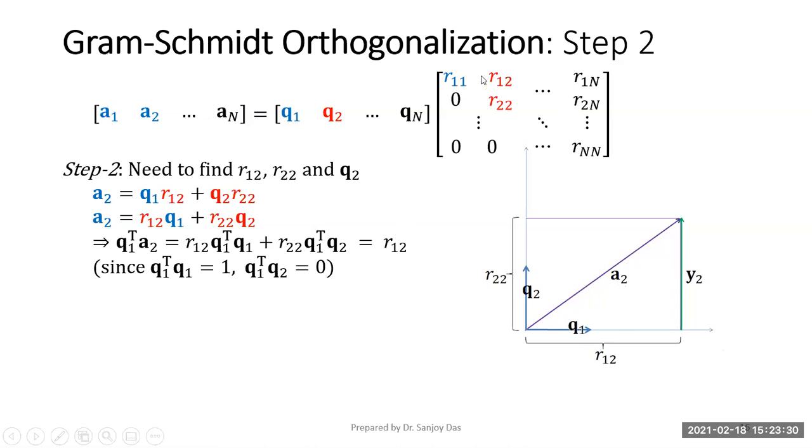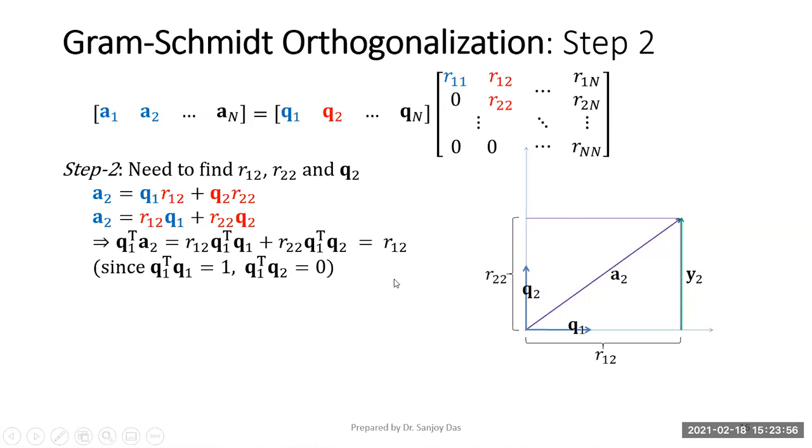So I get R12. And then in general, I'll keep going until I hit the diagonal element. I'll go from top to bottom. Here, the second one is the diagonal element anyway. So step 2, I got R12.